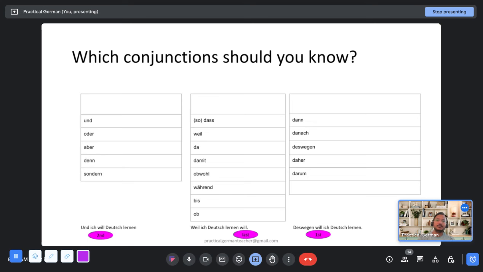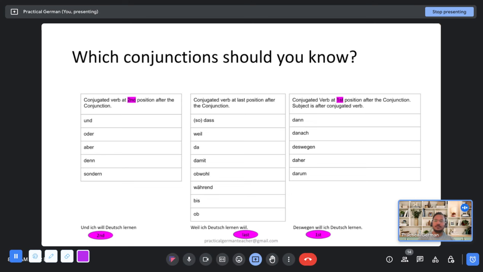No questions. So what you have to remember is, with these conjunctions, notice I'm saying conjugated verb because we also have lernen over here, but it is not conjugated. The conjugated verb is at the second position after the conjunction. I think it's complicated the way I wrote it. All you have to remember is that with the first group nothing changes, the conjunction just takes the first position.